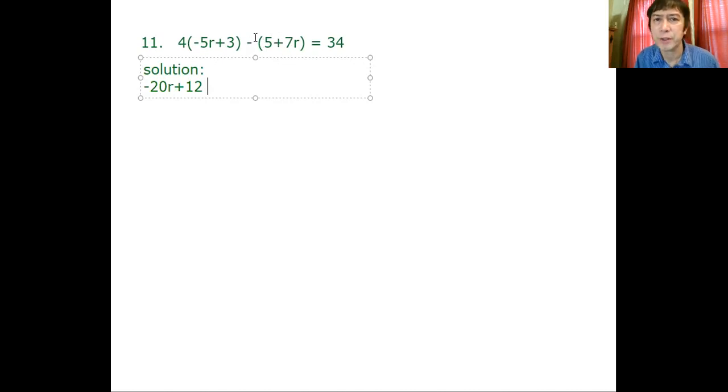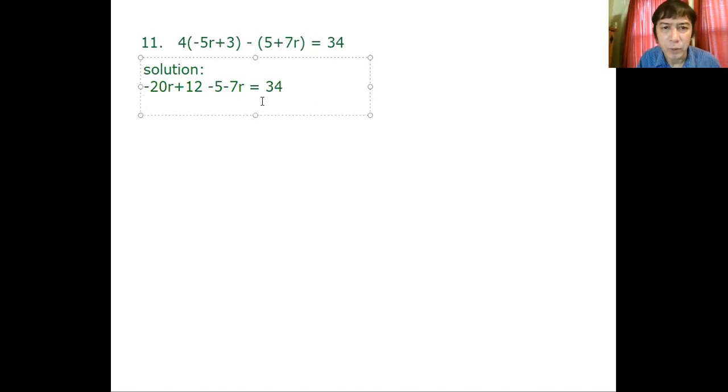It's like negative 1 times 5, so this will now be a minus 5. And it's like negative 1 times 7r, that's minus 7r. And then we go to the right side of the equation. We have 34. So this is now the first step in our solution.